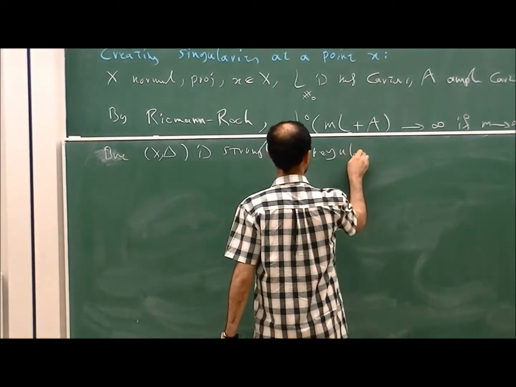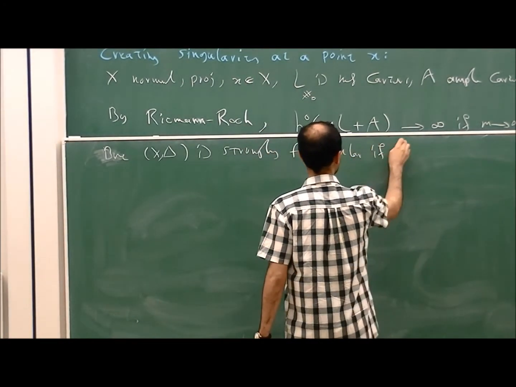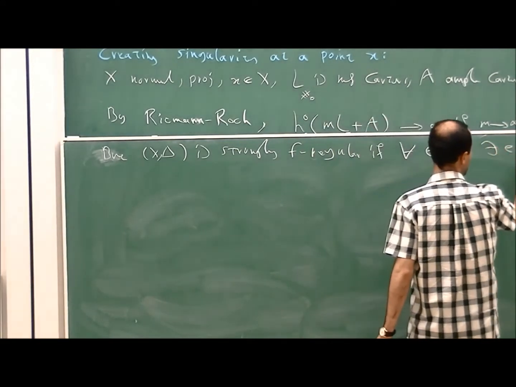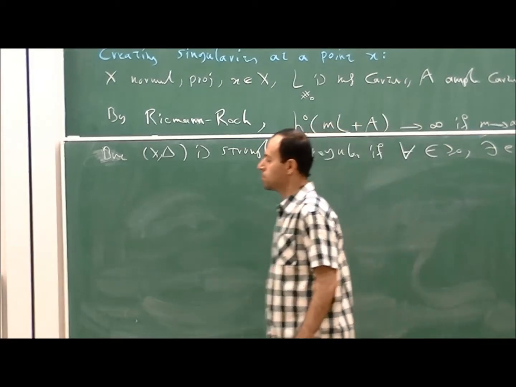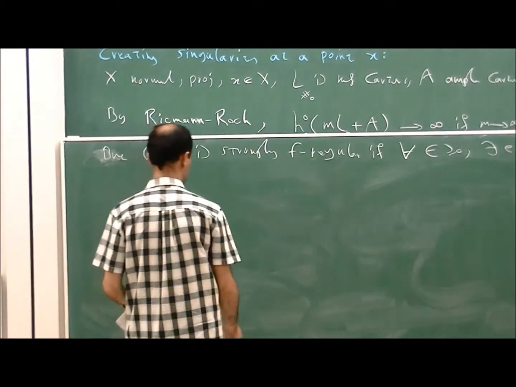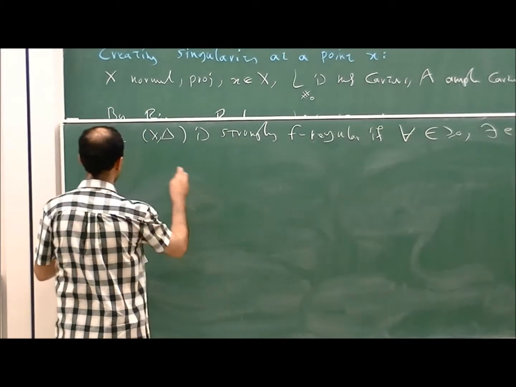But strongly F-regular asks that for any effective divisor, let's say E, there is one of these numbers e such that the trace map is surjective, but you need to take into account this effective divisor.